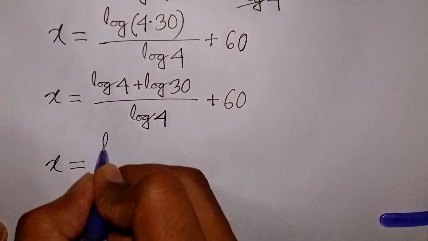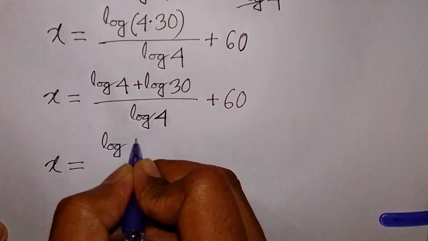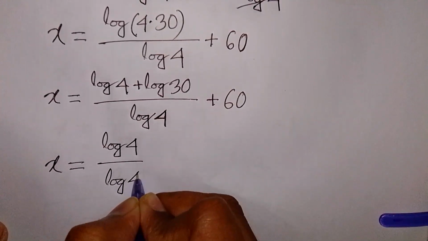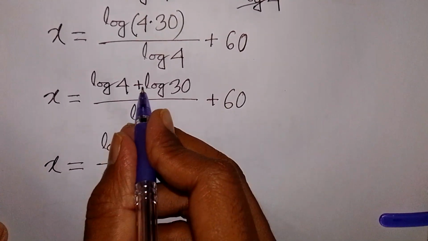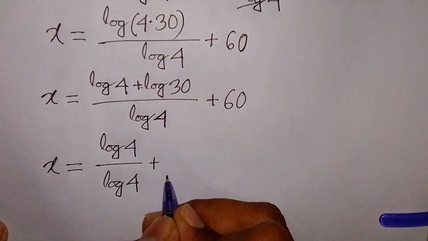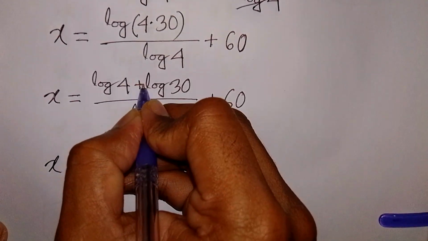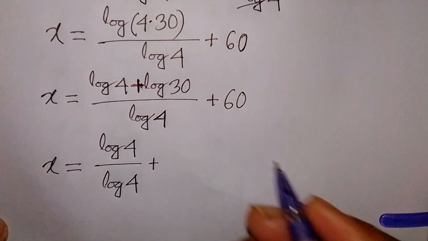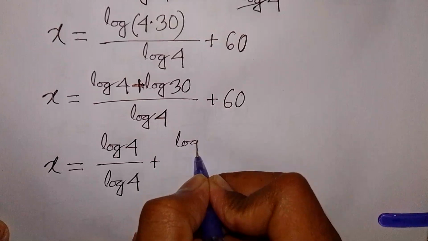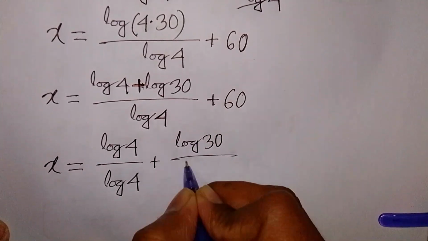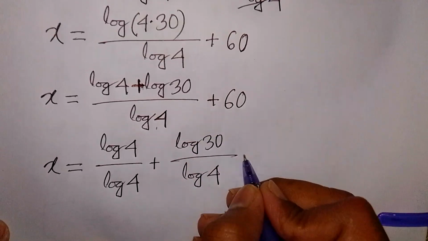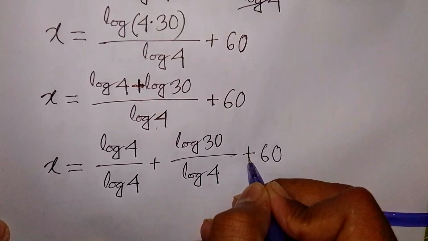In the next step, x is equal to log 4 over log 4, then plus log 30 over log 4, plus 60.